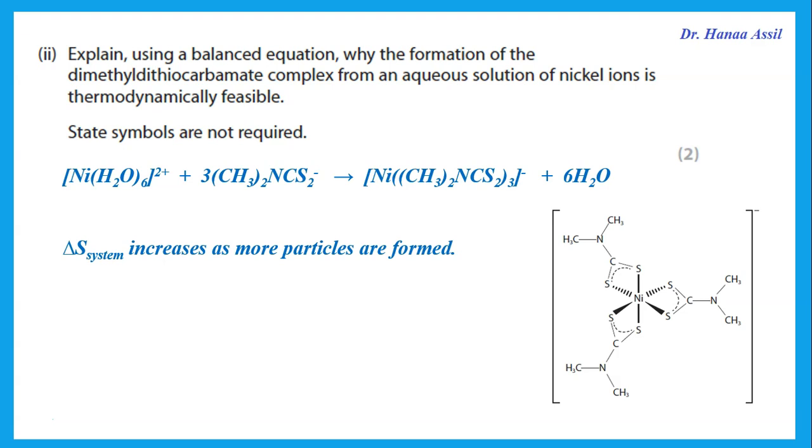If it is thermodynamically feasible, that means the delta S system would be positive. As we see in the equation, we're changing a total of 4 particles and making a total of 7 particles. So more particles are formed, and that means the delta S system would be positive.